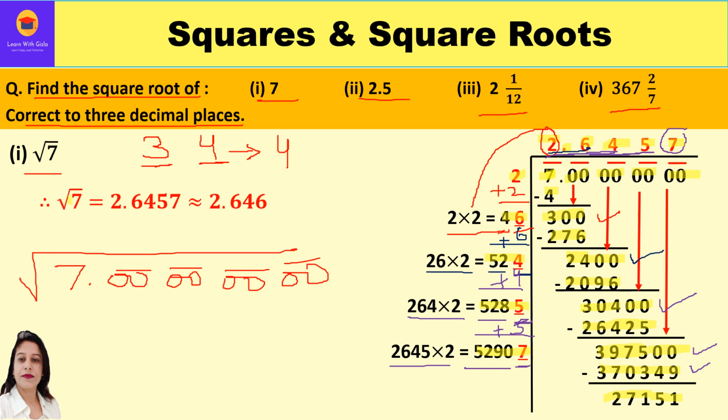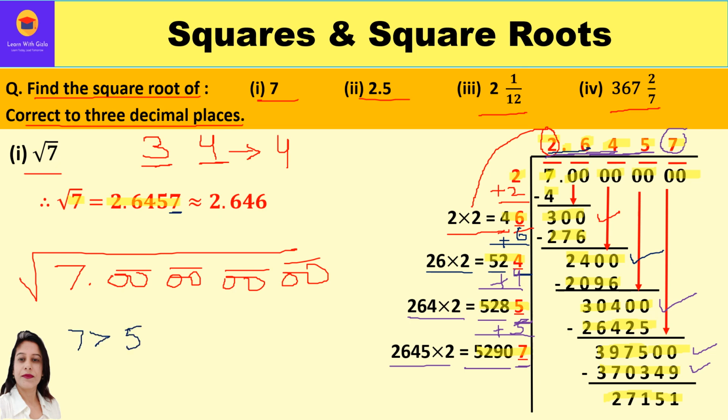Now I can say square root of 7 is equal to the quotient, that is 2.6457. These are the 4 decimal places. But in the question they are saying you have to find correct to 3 decimal places. So depending on the 4th place, which is 7, now 7 is greater than 5.